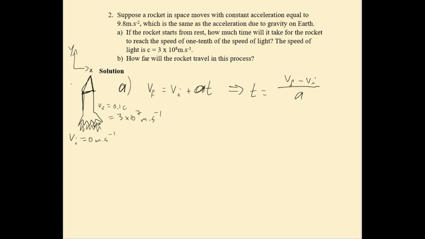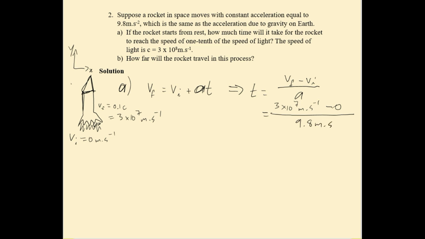And we can immediately plug in the values here. So the final velocity is 3 times 10 to the power 7 meters per second, and the initial velocity is just 0, so that does nothing, and we're dividing by 9.8 meters per second squared.